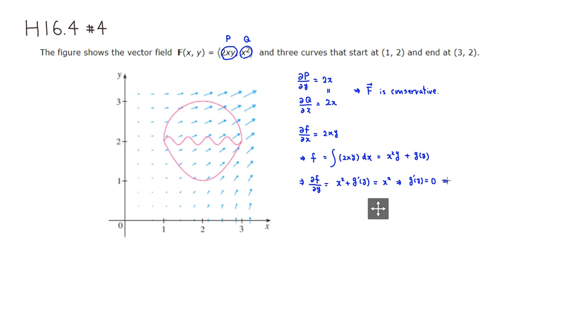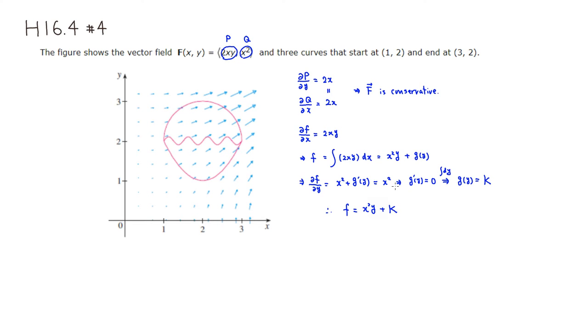Taking the antiderivative, g of y is some constant, which I'll call k. So the potential is x squared y plus k.